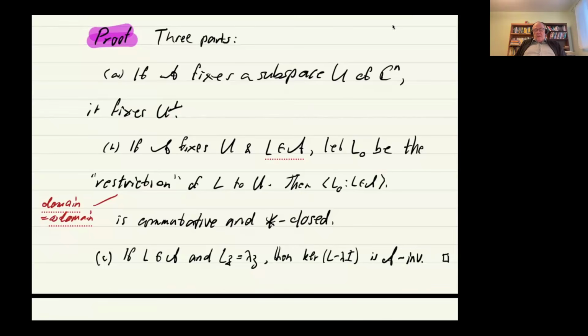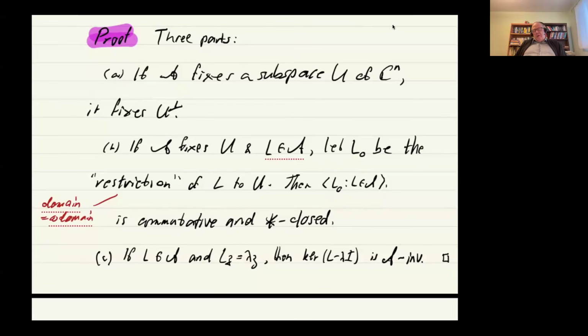Okay, and so with having done that, not only do we split the vector space into U and U perp, we can now look at the algebra consisting of the restrictions of L in script A to U.